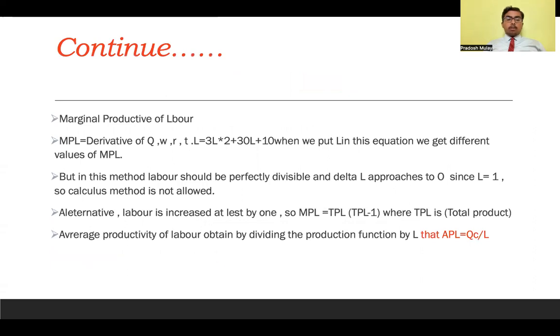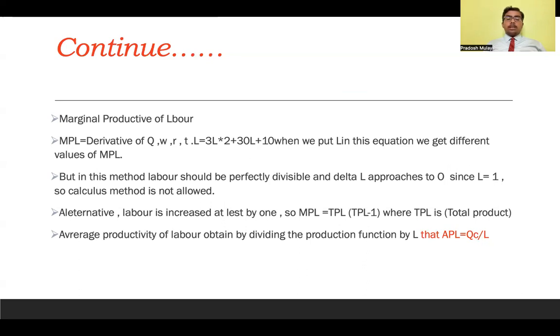Then the marginal productivity of labor, MPL, is the derivative of Q with respect to L, which is 3L^2 + 30L + 10. When we put in values, we get different values of MPL. But in this method, labor should be perfectly divisible and delta L approaches 0. Since L is equal to 1, the calculus method is not allowed.